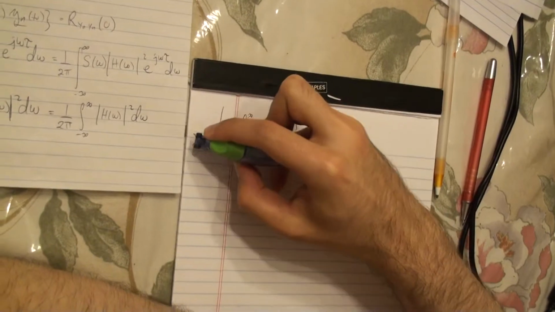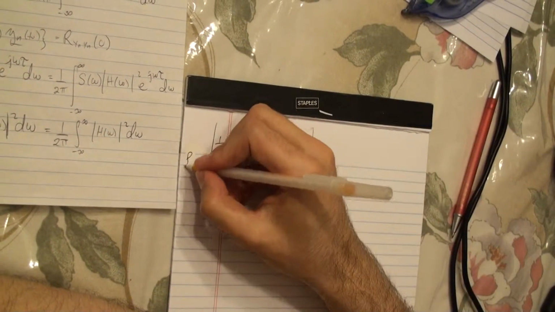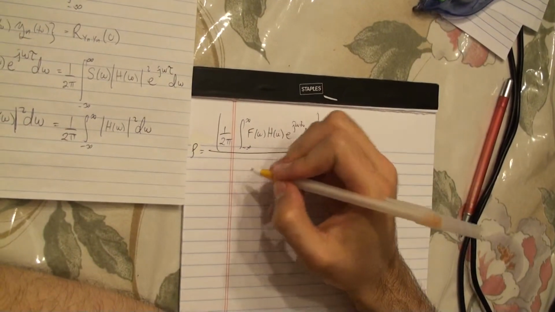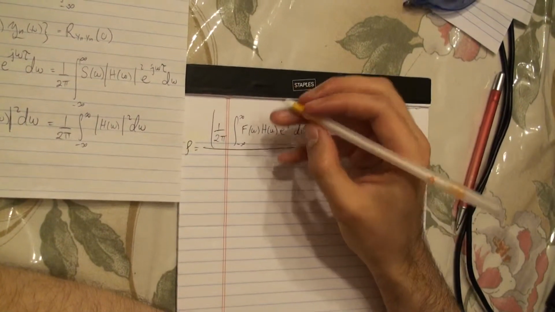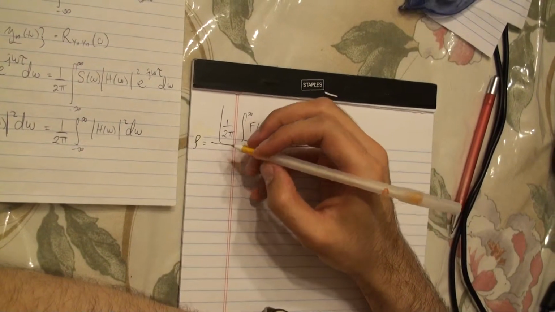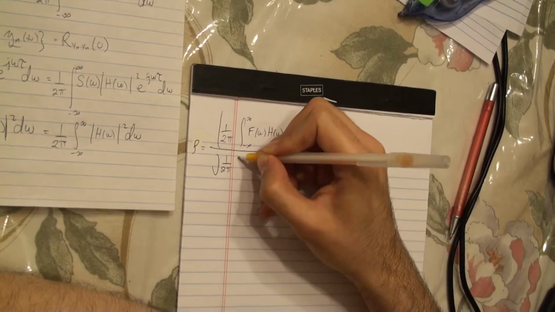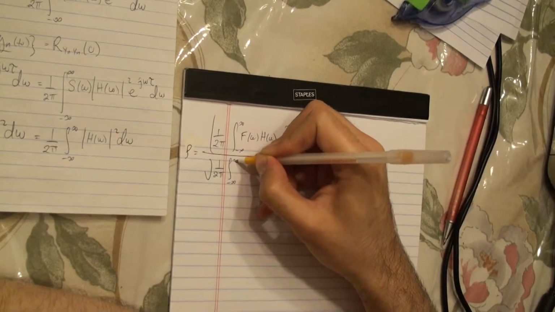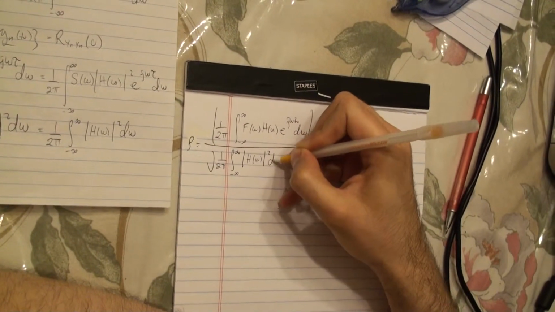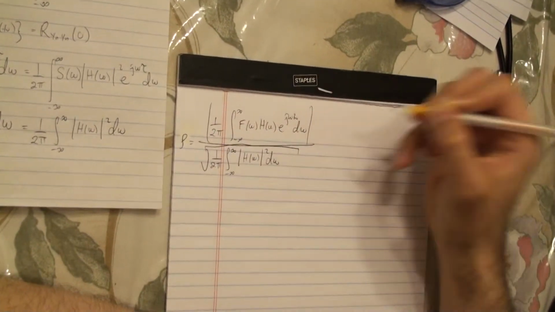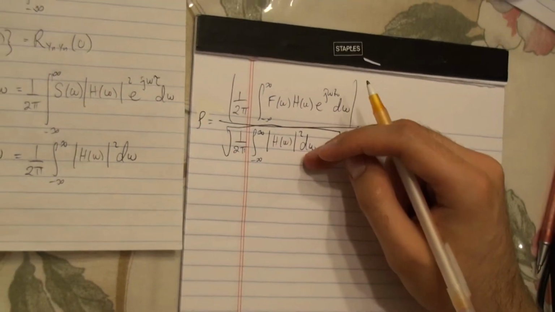I write really big, so I don't want you to think that I'm saying that rho is the top. Rho is this whole ratio. So we have the square root of 1 over 2 pi times the bottom integral. This is the signal to noise ratio, but we want to maximize this.